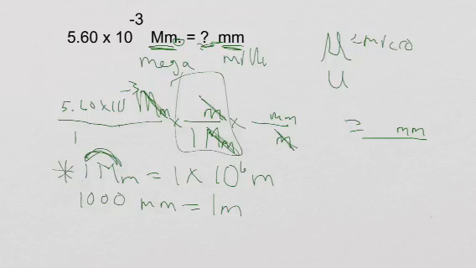Goes on bottom. And then the 1 times 10 to the 6 goes on top. And then the 1,000 goes with milli, so that goes on top, and a 1 on bottom. So in this problem, both numbers that weren't 1s went on top.